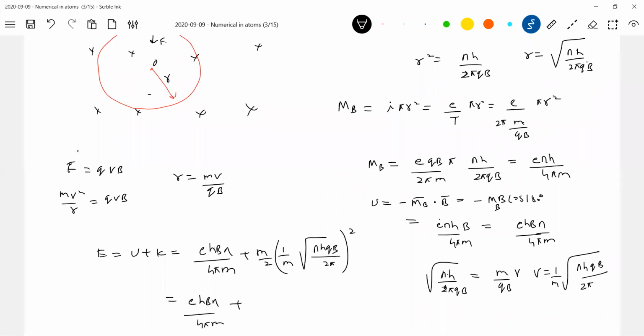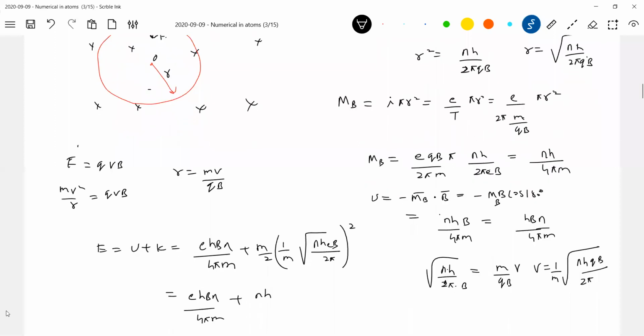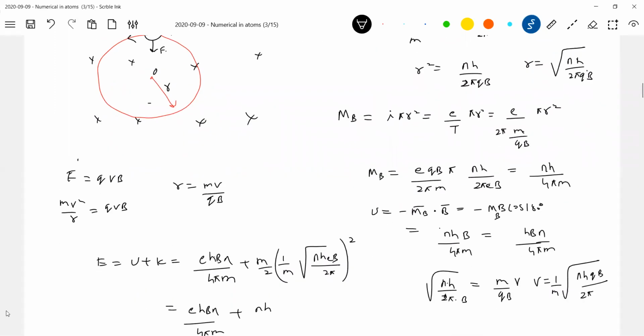4 pi m. This should be equal to nh. E is Q, no? Oh wait, I have to cancel E also. Let me work out from the beginning. Q and E, no? Let me take Q only.